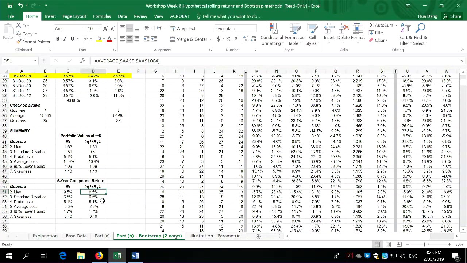And have a look at the risk measures. Are there any risk measures violating the constraints requirement of the clients? If you believe all of these risk measures are fine, there's no tracking error here, you've got to have a look at the probability of loss, tracking error, illiquidity as well, because it's one important risk constraint.